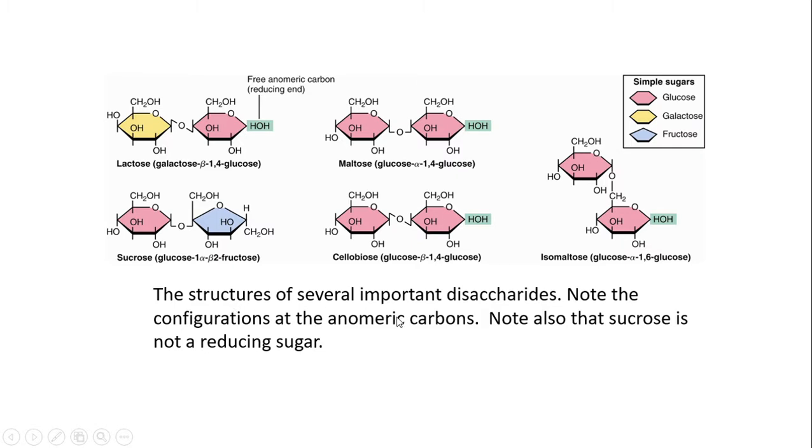Sucrase is the enzyme responsible for hydrolyzing the glycosidic bond here, and then I'll just mention what cellobiose is a result of. This is a glucose, or actually two glucoses, but the difference between maltose and cellobiose is that the linkage here is beta 1,4. So this comes from the hydrolysis of cellulose.